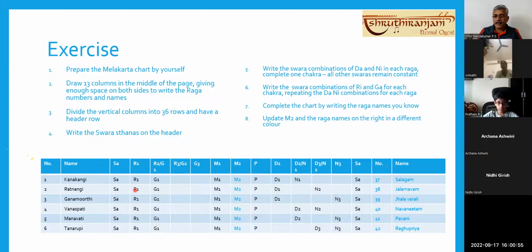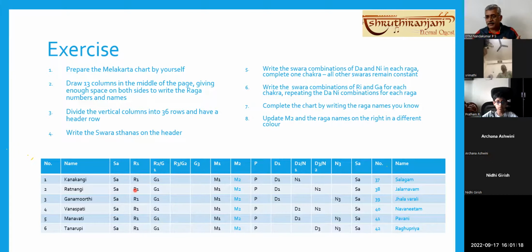Now Da was not there in that phrase, but Da is also part of Nata. Pa Da Ni Sa, Da 3 is there. Sa Ri Ga Ma Pa Da Ni Sa, Sa Ni Da Pa Ma Ga Ri Sa. So when Da 3 comes, then obviously it is the sixth raga in the sixth chakra.